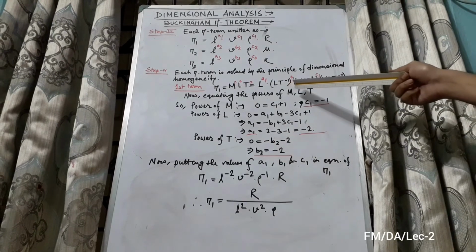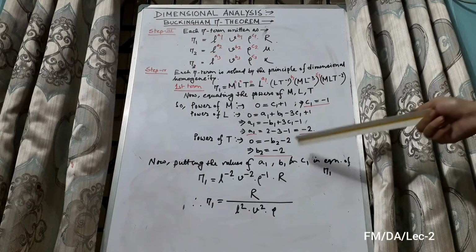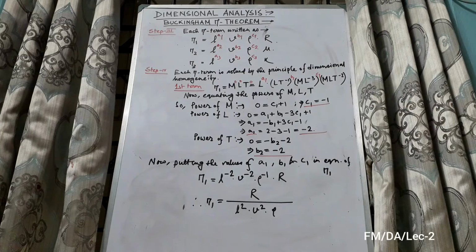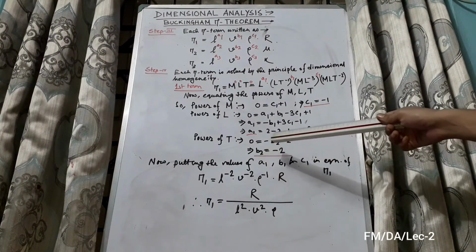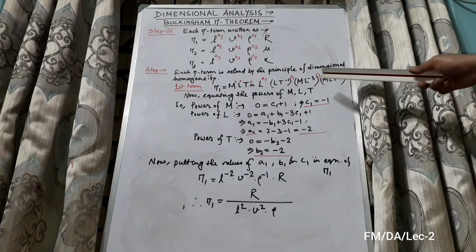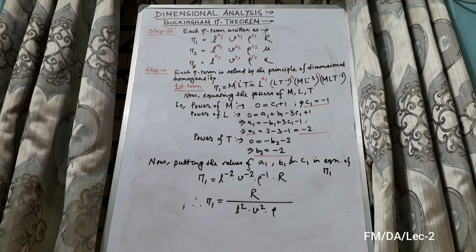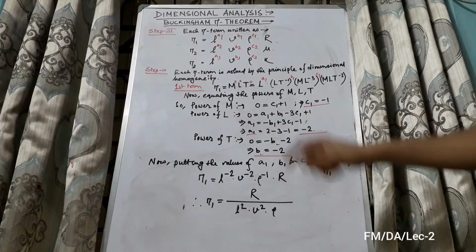Then the power of T is minus 2, so we write minus 2. So the equation becomes 0 equals minus B1 minus 2, so the value of B1 equals minus 2. Now we get the value of A1. Sorry, this is not B2, this is B1.